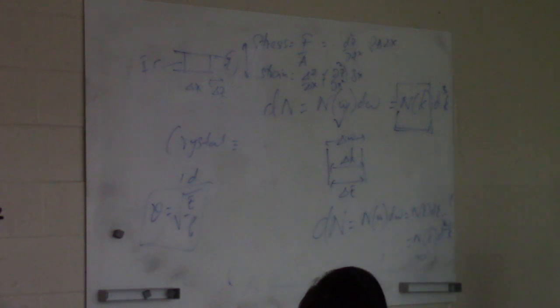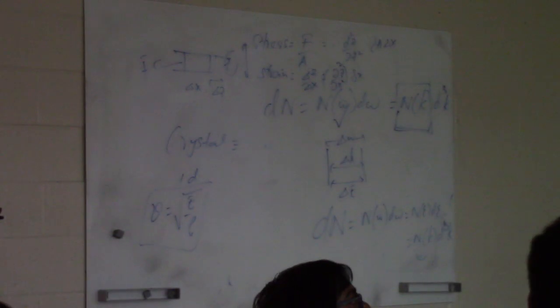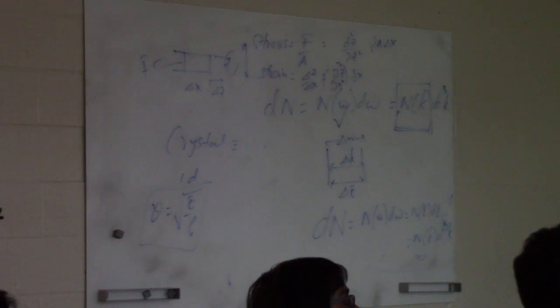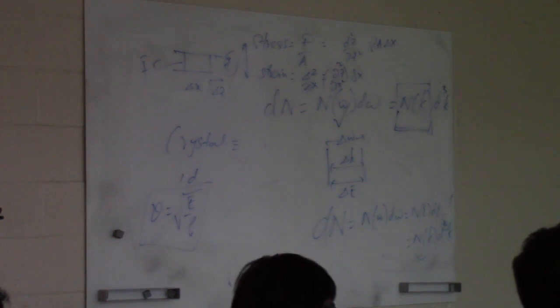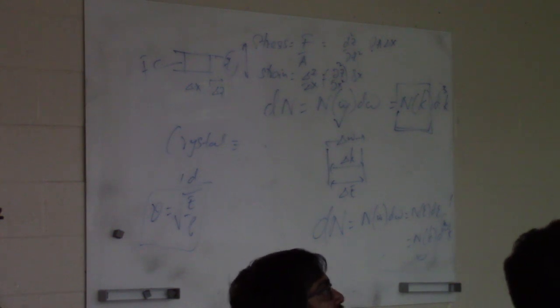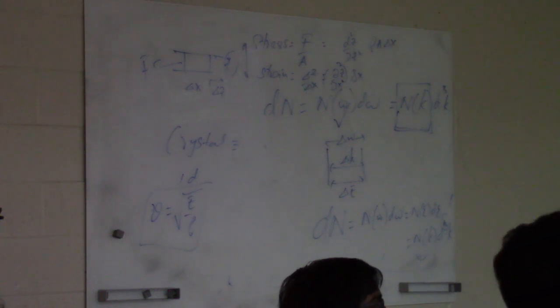I will show how to do that. Between omega and omega plus d omega means a d omega range, right? E and E plus dE means a dE range, here a delta k range. I will give you a very general expression to calculate for any dimension. Does everybody understand what I'm trying to say here?